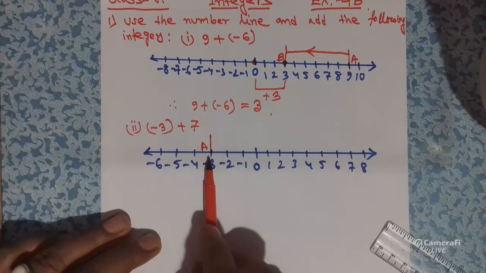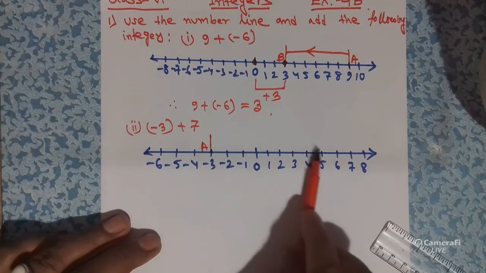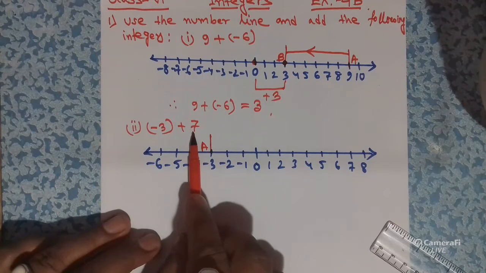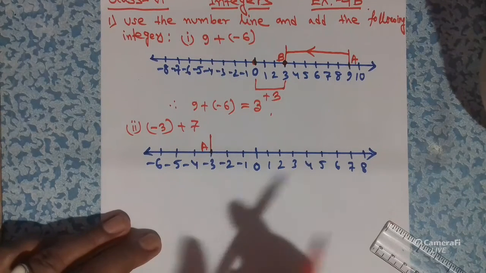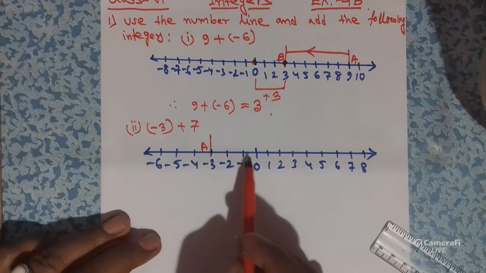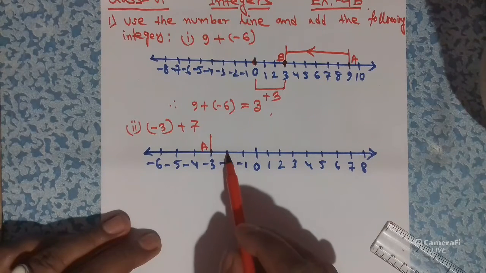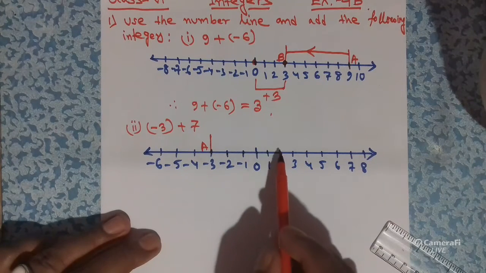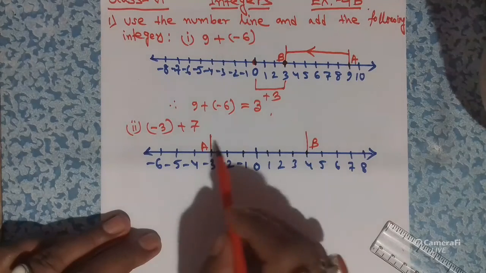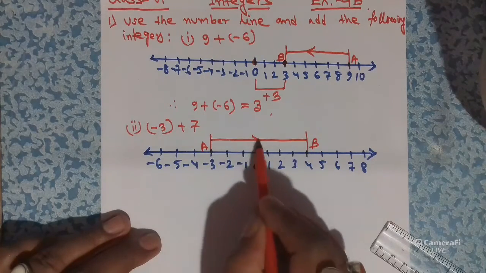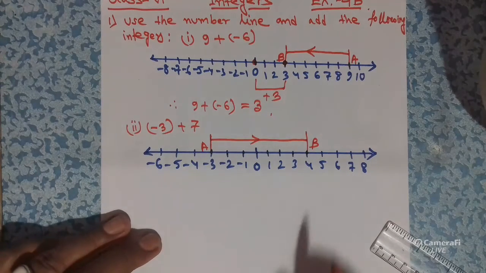Now from this point you have to move towards right, because the integer is plus 7, that means positive. So positive means from your position you have to move towards right. So you have to go 7 steps towards right. So 1, 2, 3, 4, 5, 6, 7. So this is your final position now.